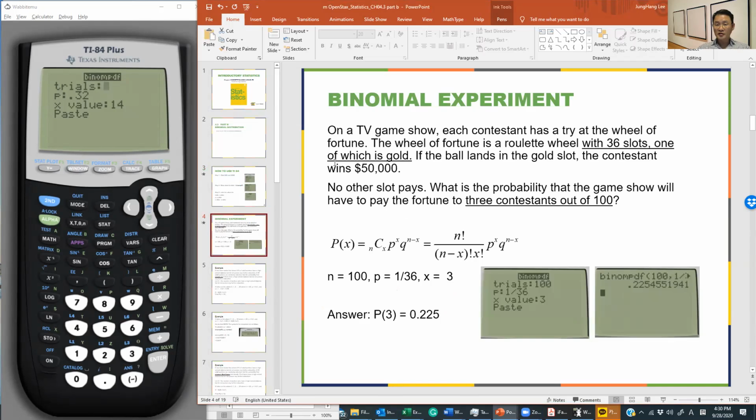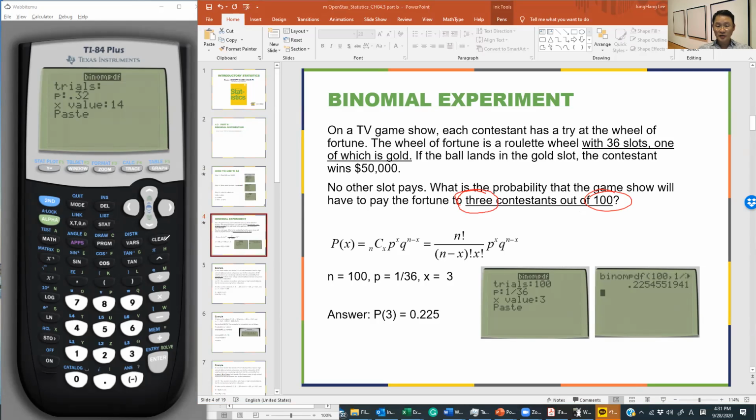Remember the game show problem that we checked in our last lecture? Let's just quickly recap. 100 people are waiting to spin the wheel. And out of 100, exactly 3 contestants will land on the gold. That's the probability that we are after.